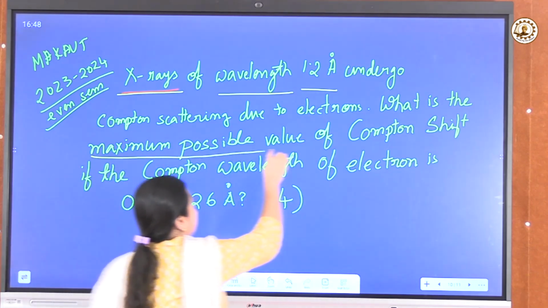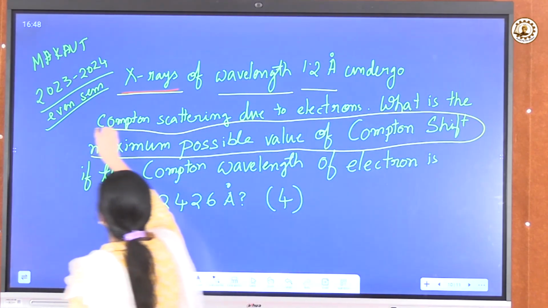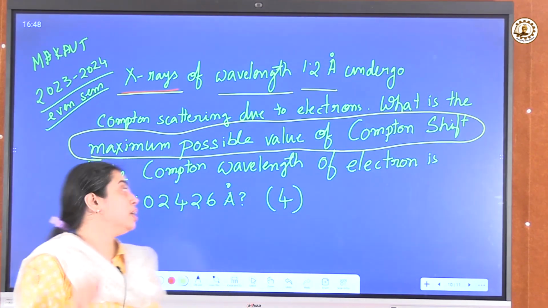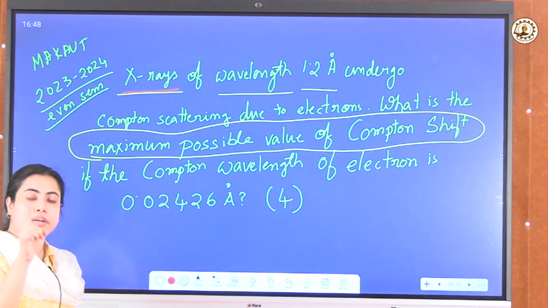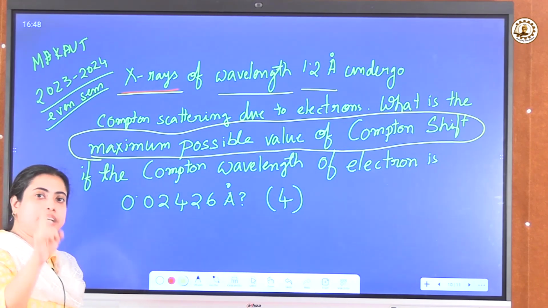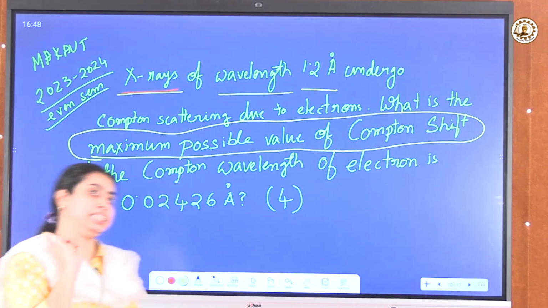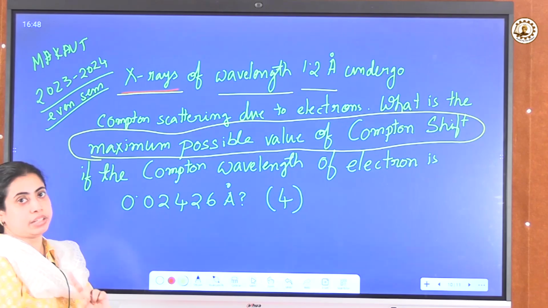Just underline this part. They already gave you an indication that the maximum possible wavelength shift has a particular formula, meaning the scattering angle is 180 degrees. So you have to use that formula.